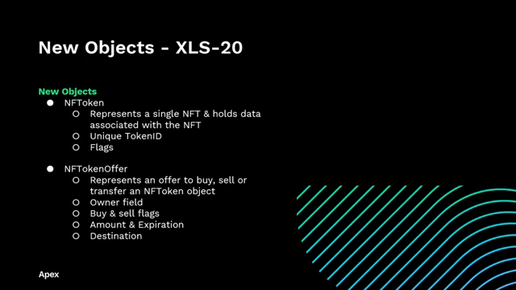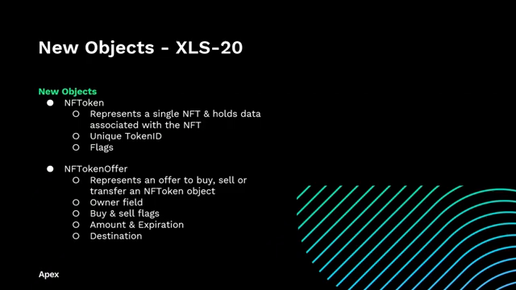This NFTokenOffer object contains the owner's field and flags to tell whether it's a buy offer or a sell offer. It also contains an amount field, which indicates the amount offered or expected for a certain offer. It also contains an expiration field, which tells after what time the offer is no longer valid.